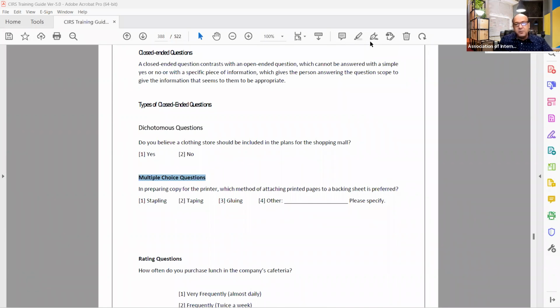I would also suggest, if you're doing SurveyMonkey, that SurveyMonkey has a way of how you are going to construct your survey questionnaires.